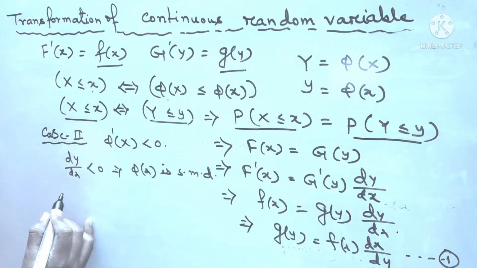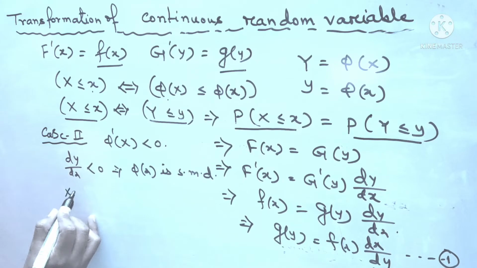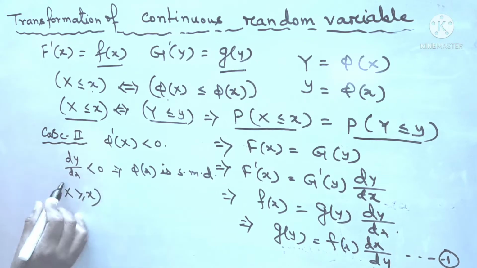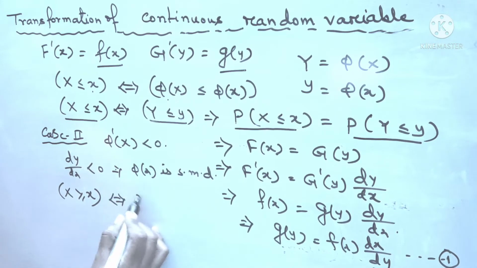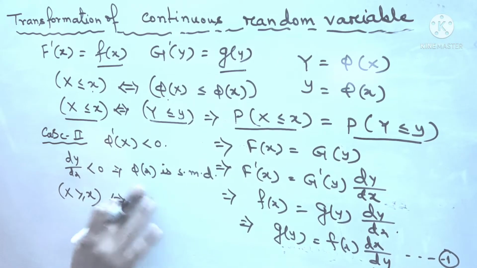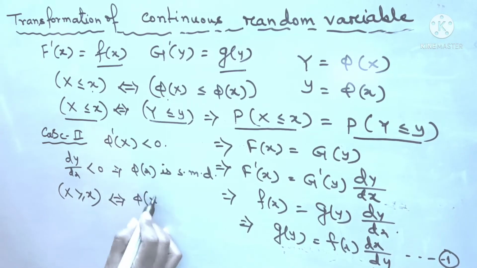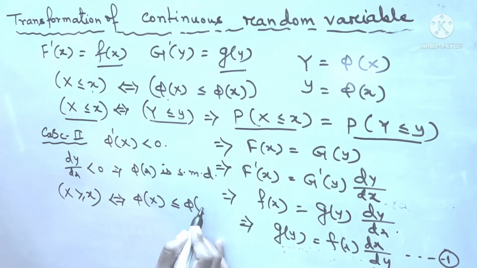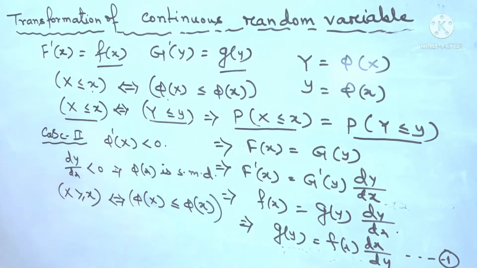And here we get capital X less than or equal to small x, implies and is implied by capital Y, or phi of X less than or equal to phi of x. This implies and is implied by capital Y less than or equal to small y.